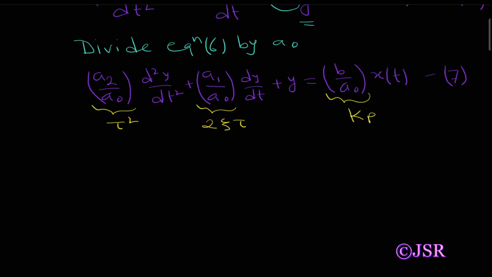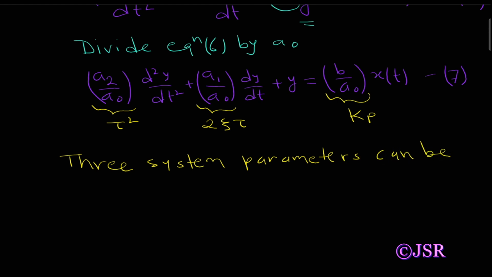So from equation number 7, the three system parameters can be calculated as follows.